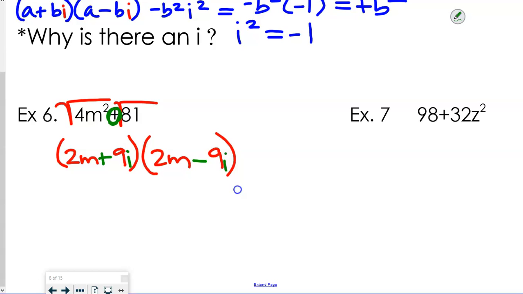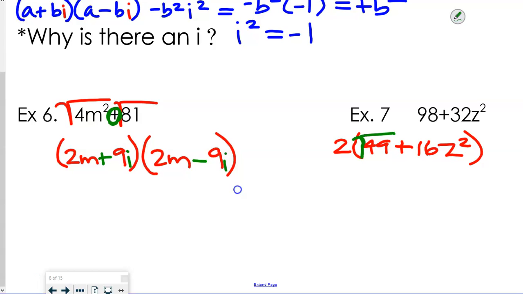So on the next example, again, we're going to look at it. They look like they're both even numbers to me, so I'm going to divide them both by 2. If I factor out a 2, I get 2 times 49 is 98, and 2 times 16 is 32. Now I notice immediately again that I've got some perfect squares here.